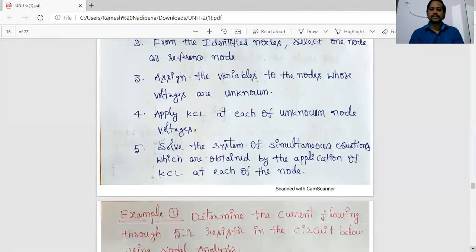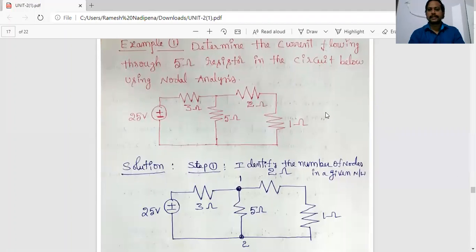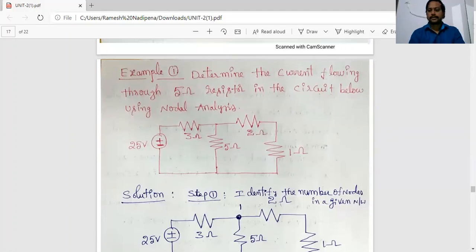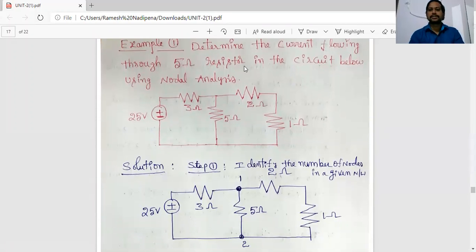Very simple method. Here I consider a simple network.